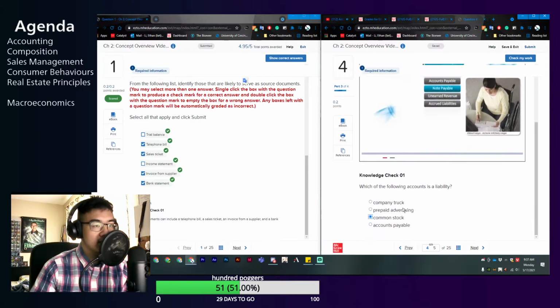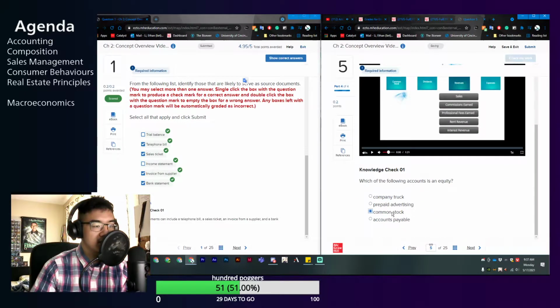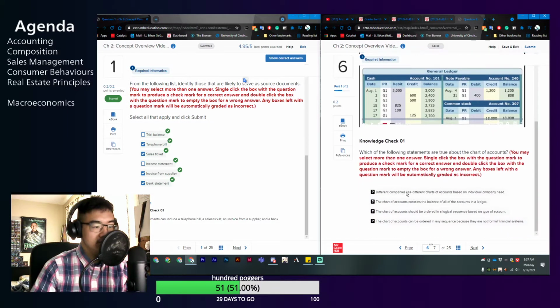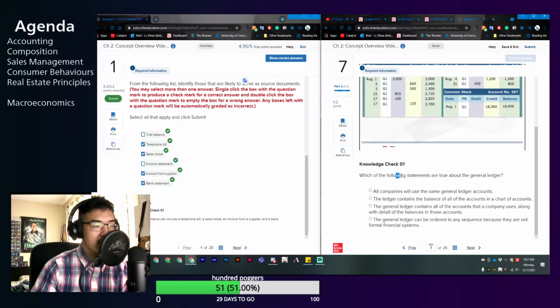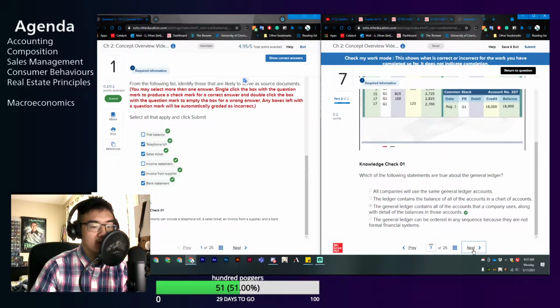Common stock. No. Oops. Accounts payable. Next one is common stock. Okay, let's see. Chart of accounts. Different accounts. Logical sequence. General ledger. This one, I think, if I remember correctly, yes.